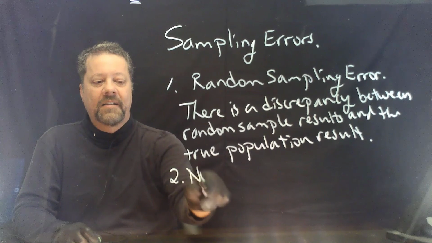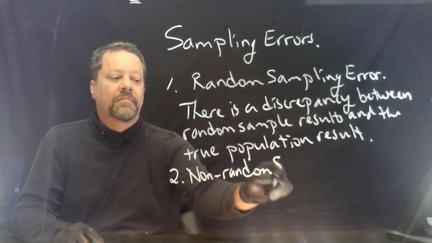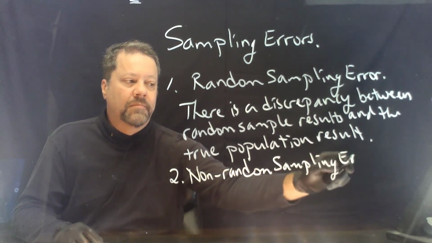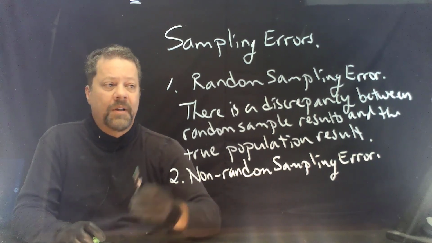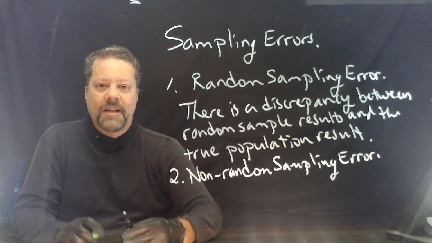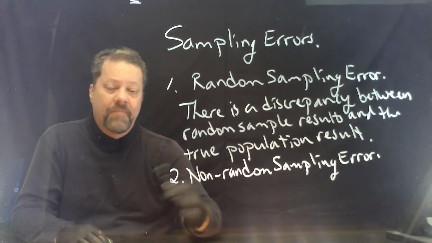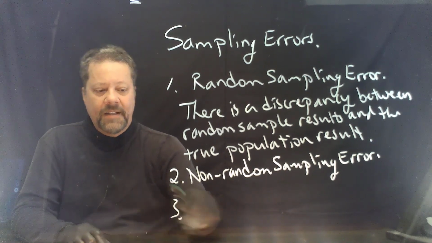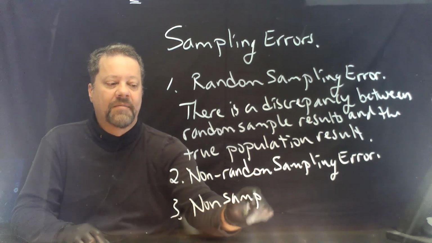There is the non-random sampling error, where the error was introduced through some non-random sampling process, like for instance a convenience sample or a voluntary sample. And yes, there are non-sampling errors.